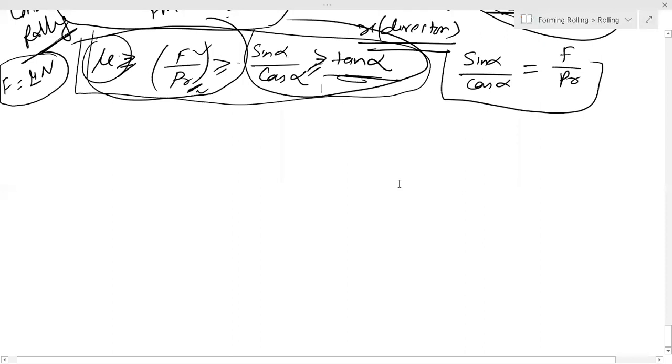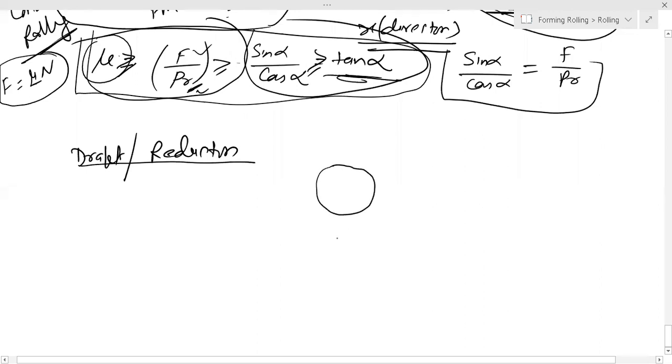Okay, so now we have understood forward velocity and backward velocity. Now one is called draft or reduction. What is draft and reduction? That we'll calculate. So we have two rolls.